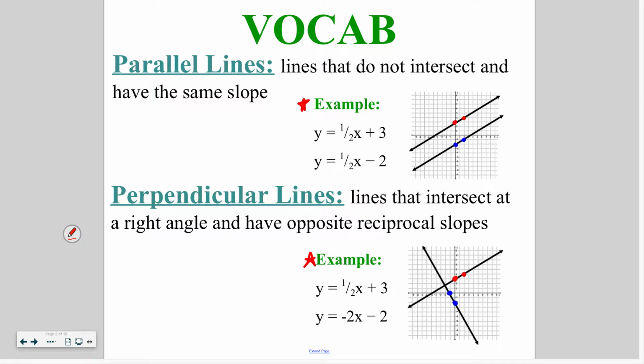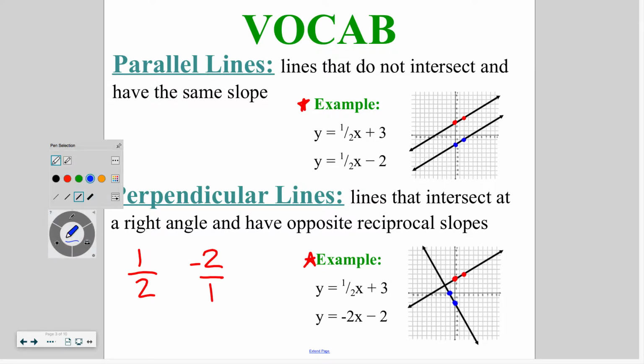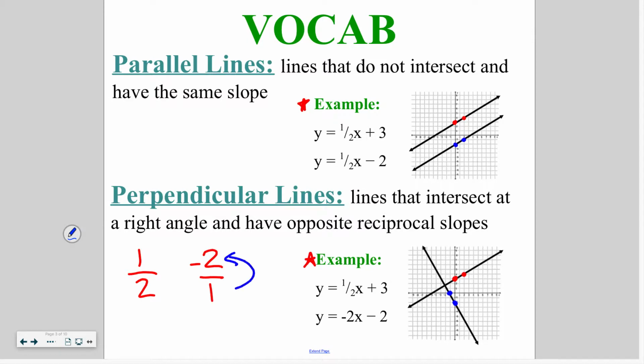When we're looking at those two slopes, we have 1/2 and we have negative 2, which we turn into a fraction, is negative 2 over 1. If you notice, the second slope is flipped over compared to the first slope and adds a negative. So the key thing with the perpendicular is flipping over and either adding in or taking out the negative.